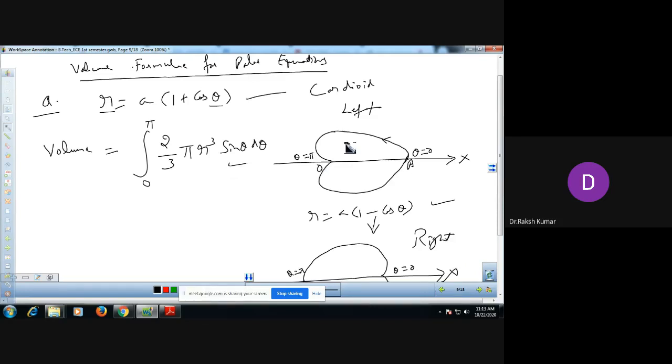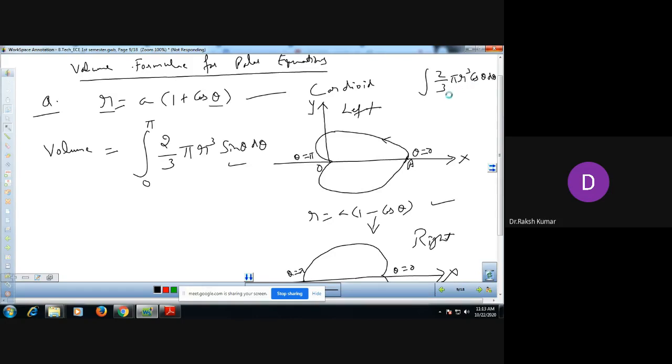But when they say that you have to revolve the cardioid about the vertical axis, then the formula will change. That will be 2 by 3 pi r cube into cos of theta d theta. So the only change is that there is sine theta here, and here it will be cos of theta.